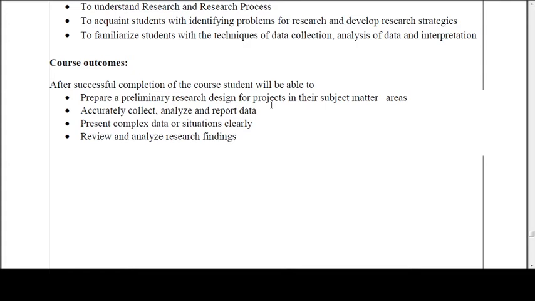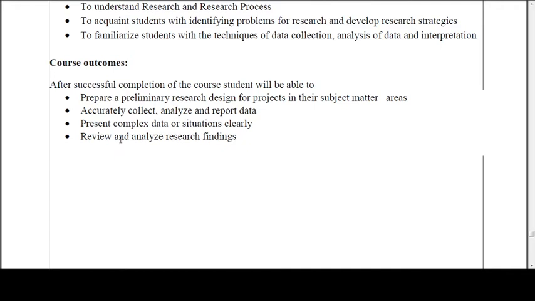At that time, what type of research, in which subject matter area, then accurately collect, analyze and report the data. Present complex data or situations clearly, and review and analyze the research findings.